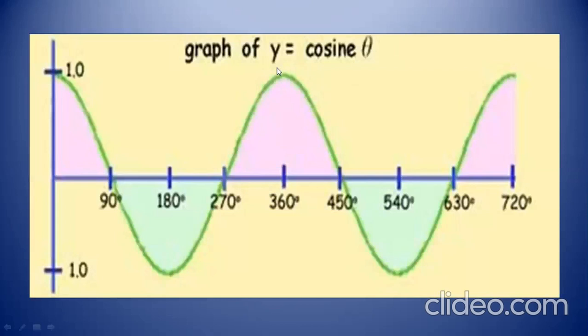This is the graph for cos theta. It is also a periodic graph, and we can easily locate that after a certain value its values are repeated. If you look at this value, 0 degree, and this is 180 degree, if we take this portion of the graph, we can say that in the specific domain from 0 to 180 degree, it shows a one-one function.